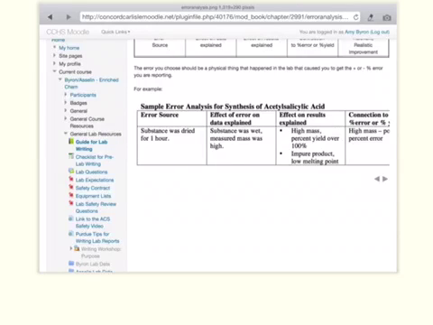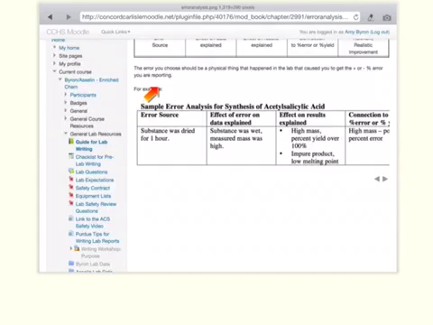An error source: when you're making acetylsalicylic acid, you end up with all of this aspirin in solution, and you need to dry it to make sure there's no water left in it. One source of error would be, for example, the substance was only dried for 1 hour. You probably want to dry it for longer than that, and what that meant was there was still some liquid in with your aspirin. So that's a valid source of error.